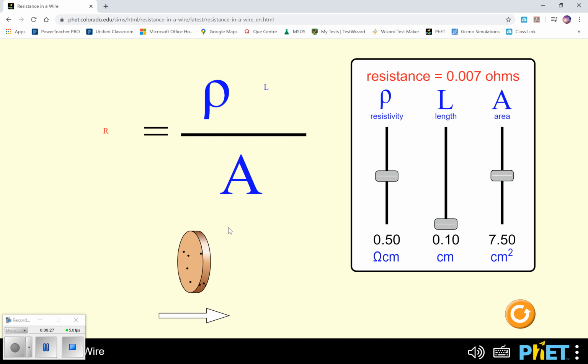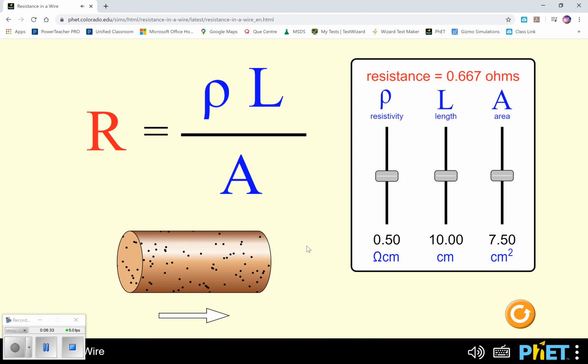Now, one of the things I always think about with this relationship is using extension cords. If you use a really long extension cord, you're going to increase resistance through that cord.